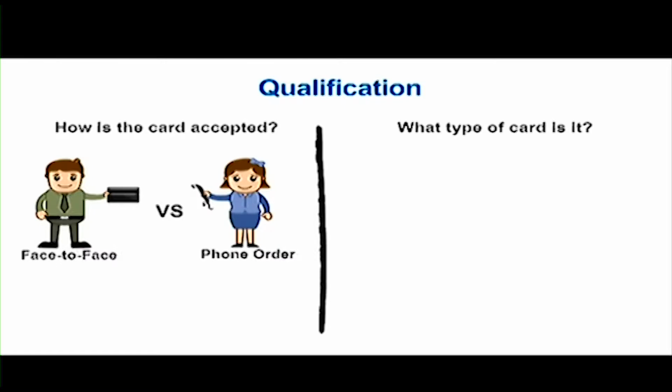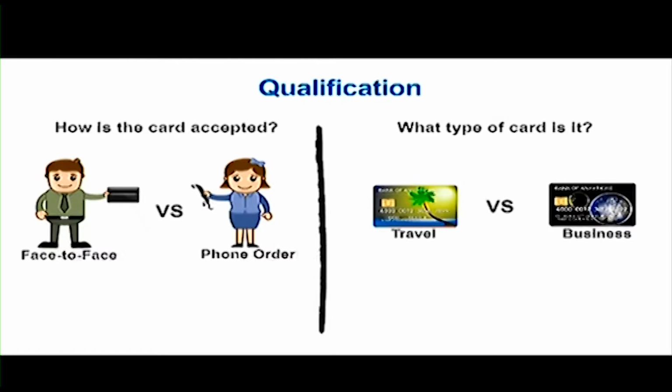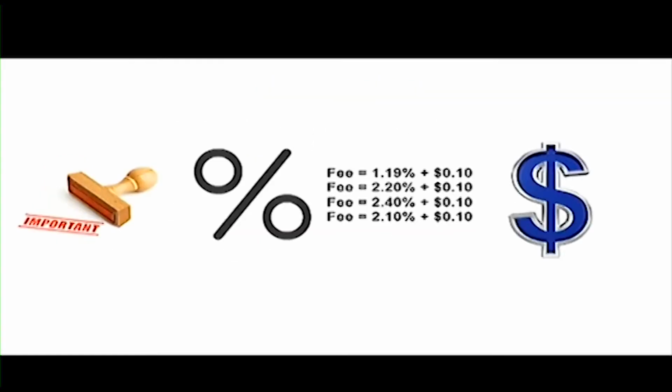And the second is the type of card that is used, whether it's a consumer card or a business card, for example. Individual rate categories are set by Visa and MasterCard, and the interchange schedule of fees are published and could potentially change 2 times per year. This is important to remember since those changes can affect the cost of your merchant account.